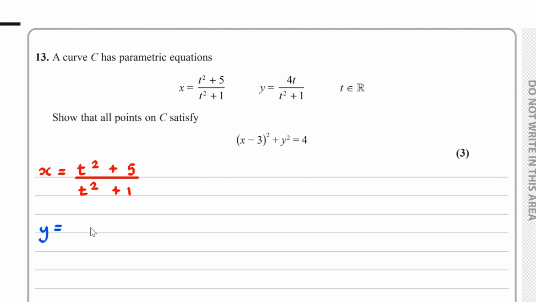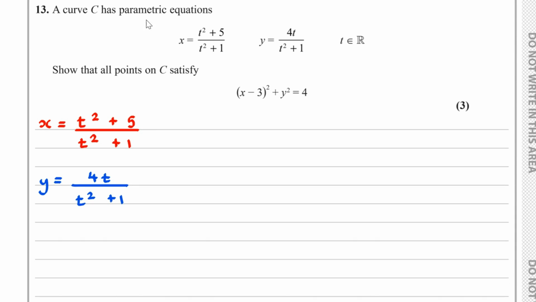We also have y equals 4t over (t squared plus 1). So we have (x minus 3) all squared plus y squared.